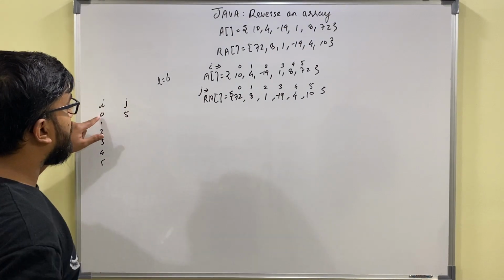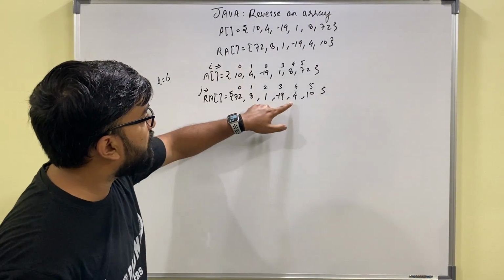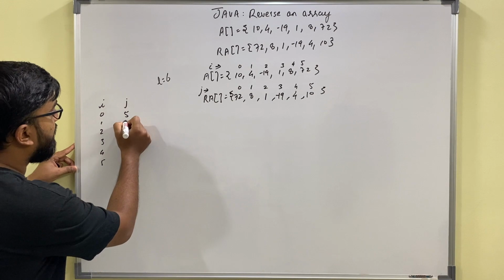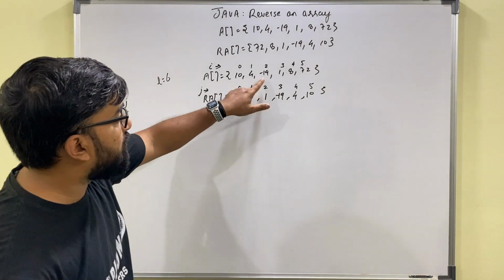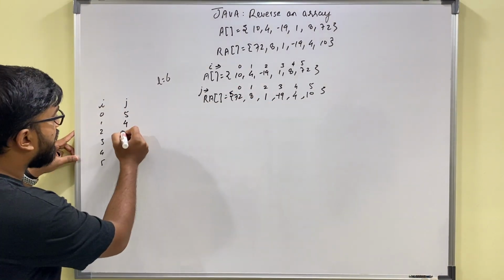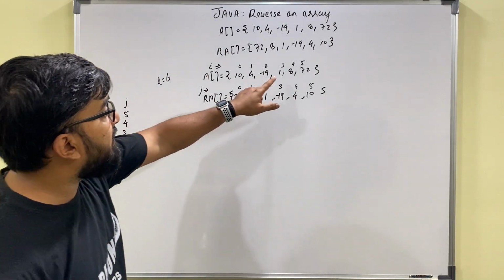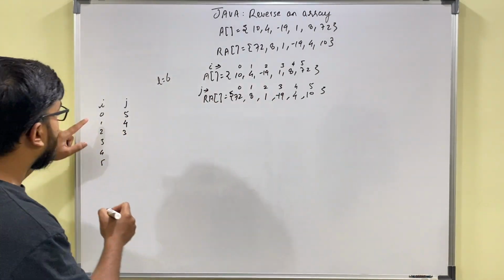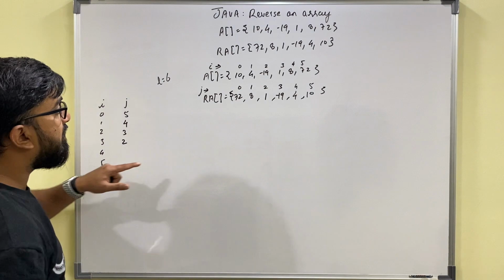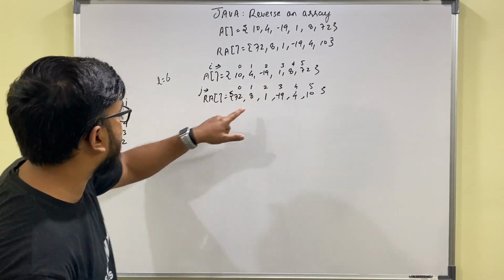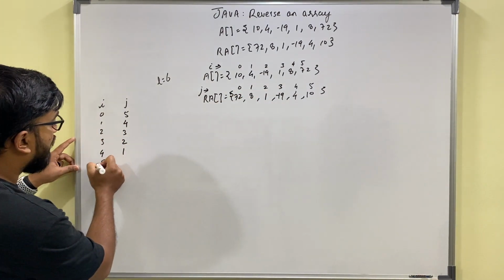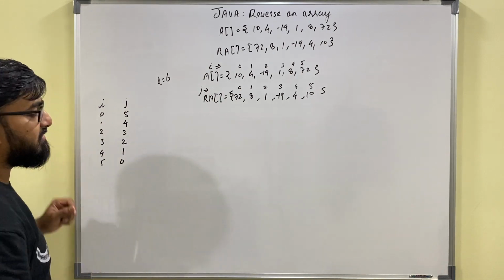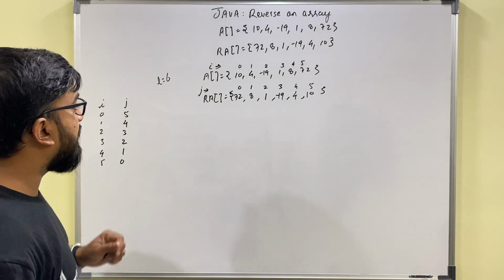The value at index 1 goes to index 4, so for i equal to 1, my j is 4. The value at index 2 goes to index 3, so i equal to 2, j equal to 3. The value at index 3 goes to index 2, the value at index 4 goes to index 1, and the value at index 5 goes to index 0.